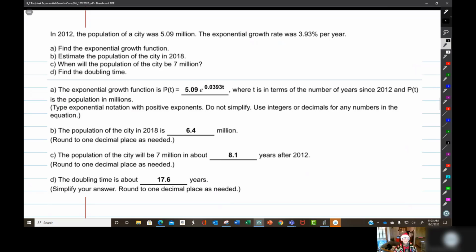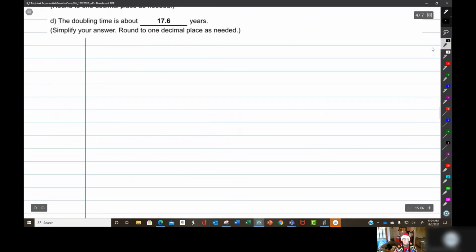Okay, we're going to talk about the population of a city and how populations grow. Populations grow exponentially, which means any kind of population, including bacterial growth, will start off real slow, grow really, really slowly, and then all of a sudden, look at how fast the human race has grown.